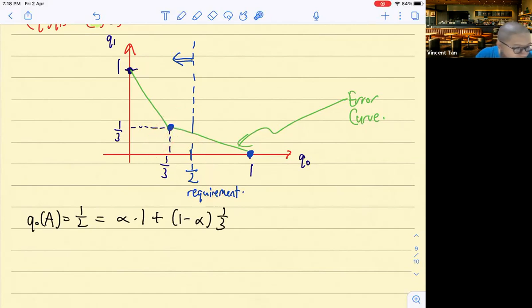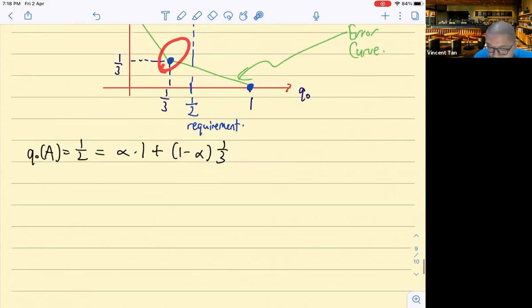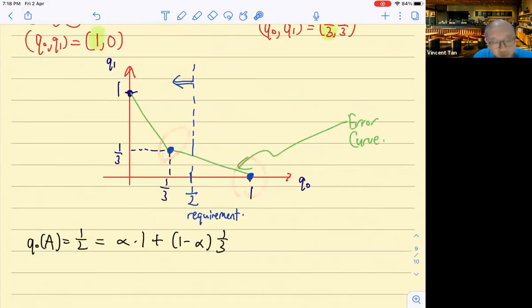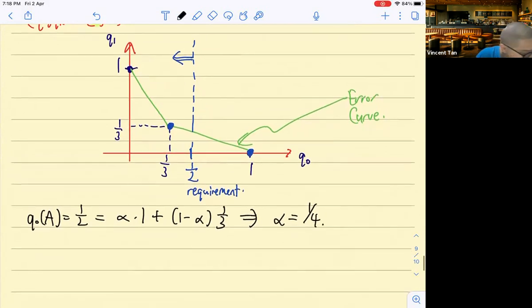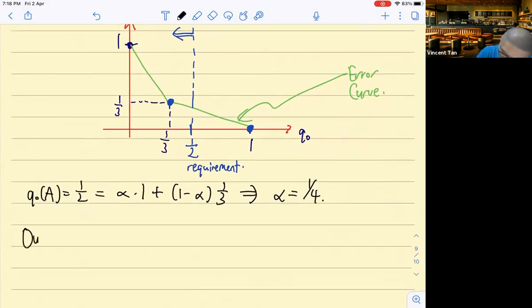So we have to look at a convex combination of these two tests, and see how often we use one of the two. Now if you solve this equation, we get alpha is 1/4. I'm not going to tell you how to solve this equation. So our final decision is the following. It's a convex combination of two rules.